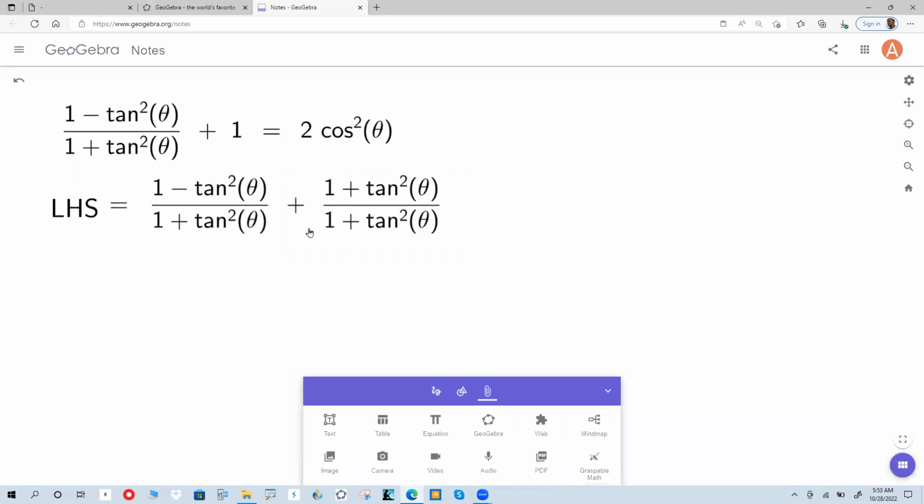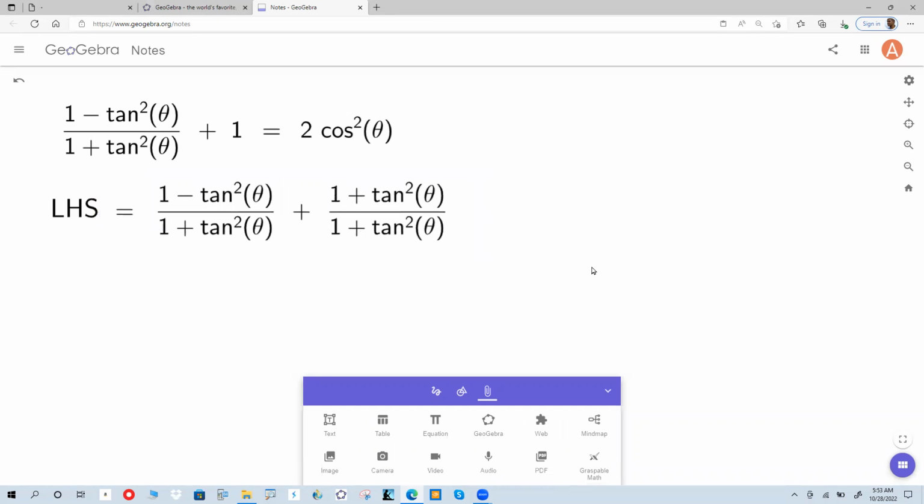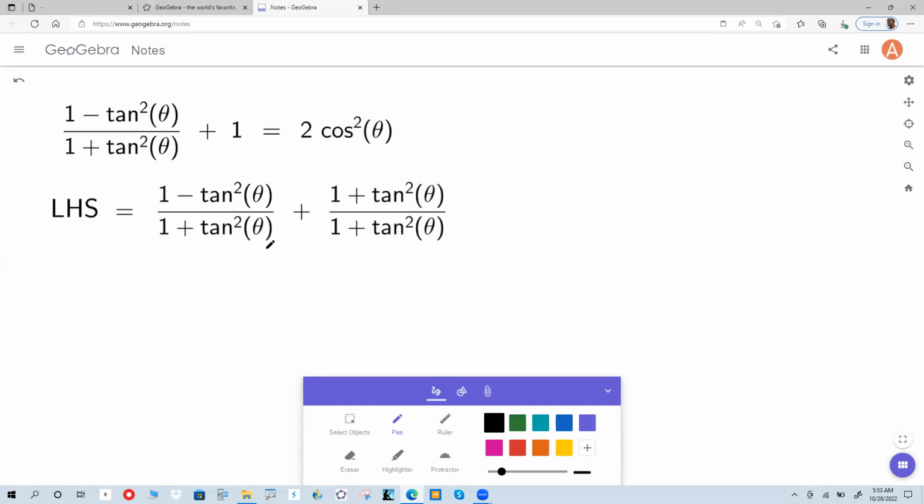Okay, instead of 1, I can write 1 plus tan squared theta divided by 1 plus tan squared theta. Why do I care about 1 plus tan squared theta? It almost seems like I'm making it more complicated. Look, the reason I do care about that is because I want the denominators to be the same. Okay, that's why.